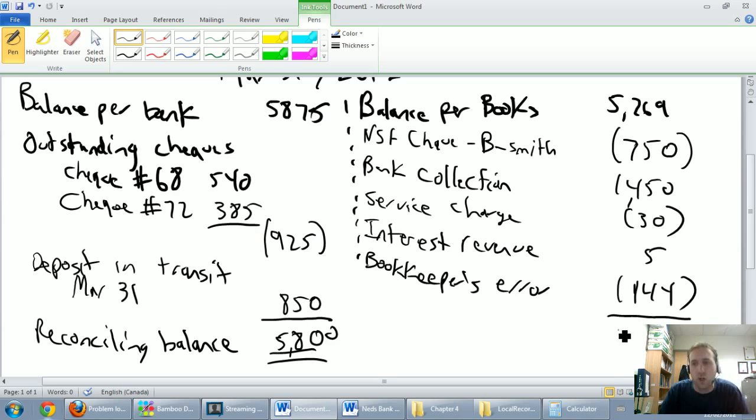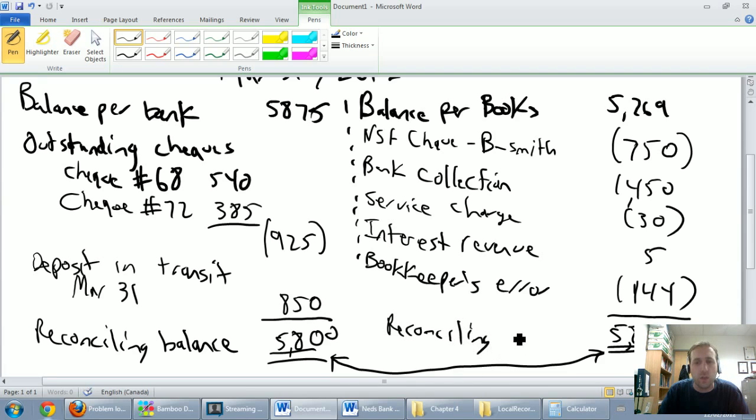I'm feeling very good, very strong, very powerful. And the reason I'm feeling so good, strong, and powerful is these two numbers match. We call this our reconciling balance. And now as an accountant, you can go, well, yeah, my balances are different, but I'm able to explain them. I understand where my differences come from.